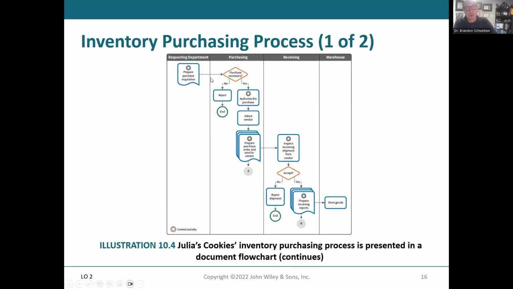So it starts with a purchase requisition form. The purchase goes through, it's authorized, we select the vendor, and prepare the purchase order to be sent to the vendor. It goes to inspecting the shipment from the vendor. If it's good, we enter the receiving report and then store the goods. But you see this flow chart, right?